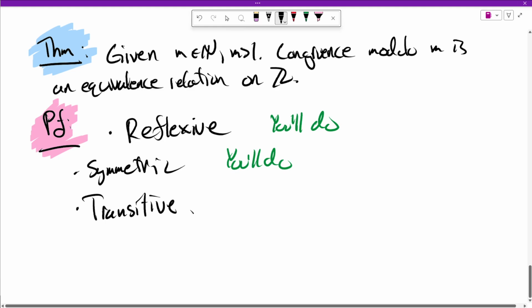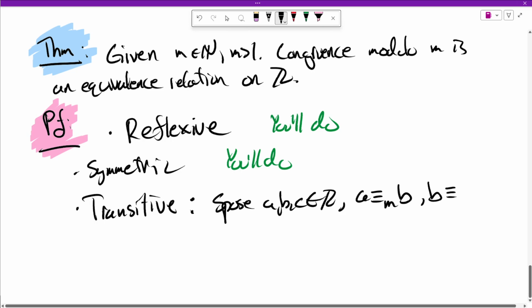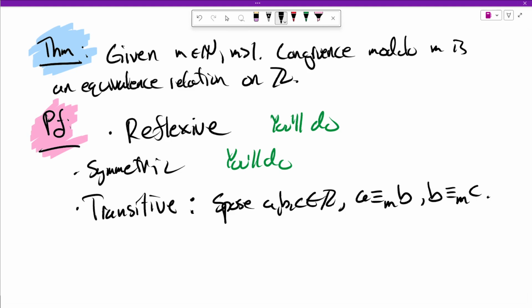So let's prove transitivity. What do we need to do? We need to suppose we have a, b, and c integers, and a is congruent modulo m to b, and b is congruent modulo m to c. And this is why I like this notation. All of this fits on one line, and I write big and chunky.